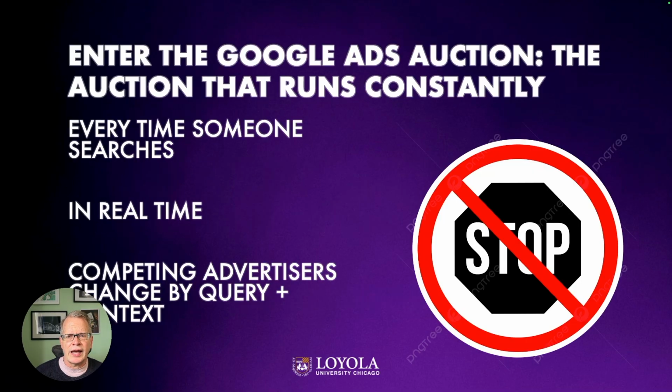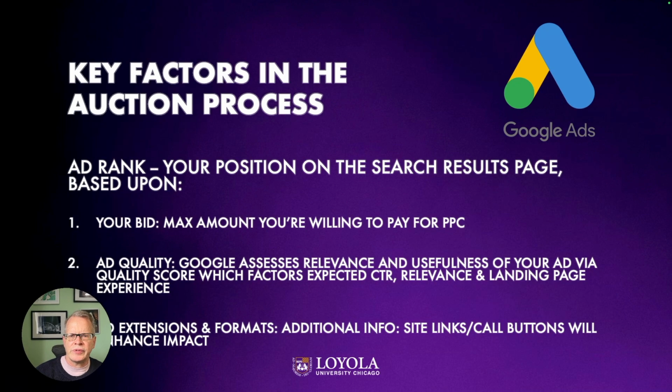The Google Ads auction runs constantly, every time someone searches, in real time. Competing advertisers change by query and context. So how does Google determine who gets the top pole position? Again, it's about context, it's the query, it's all these things that determine who gets their search placement first.